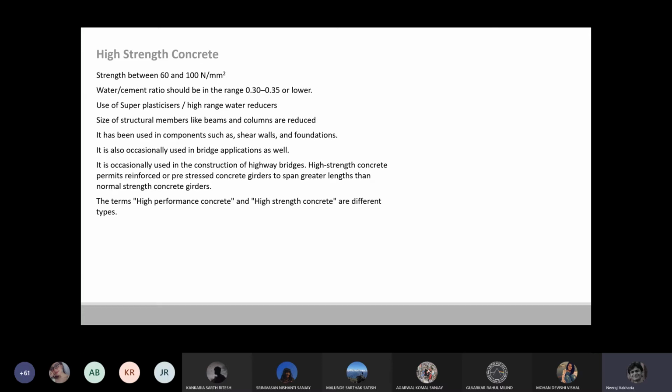High strength concrete is based on its compressive strength at a given age, whereas high performance concrete is defined based on performance criteria, namely high durability, high strength, high workability, etc. High strength just gives you the strength which we want to achieve, but high performance includes all the criteria, including high strength, high durability, and high workability.